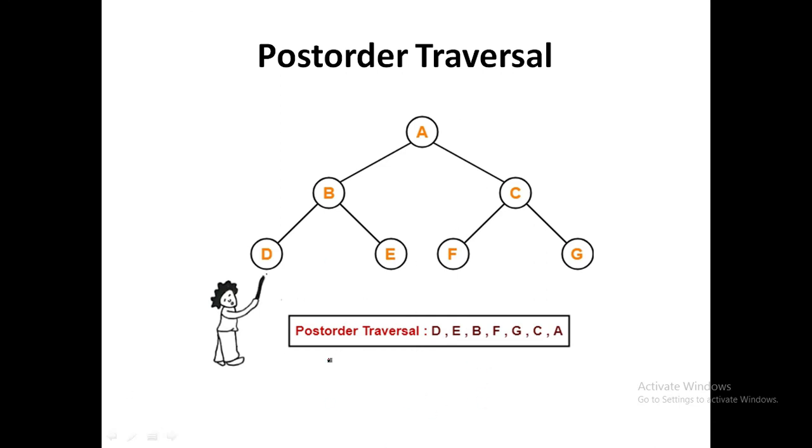For simple identification, we just pluck out the leaf nodes first, on the left side.